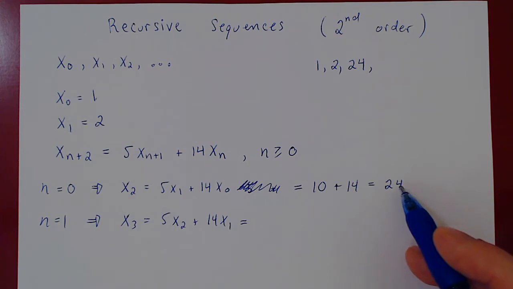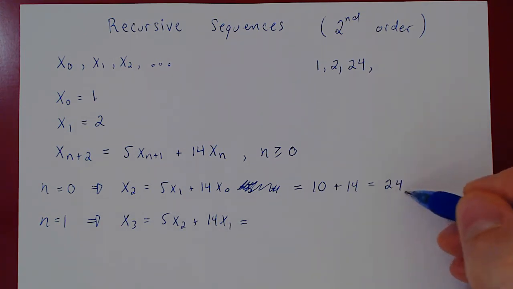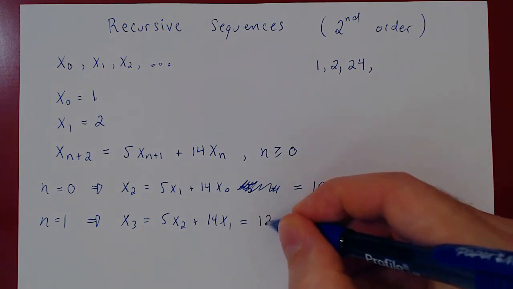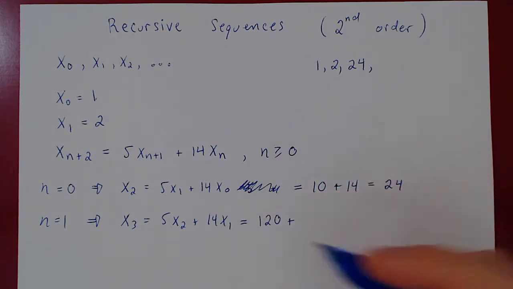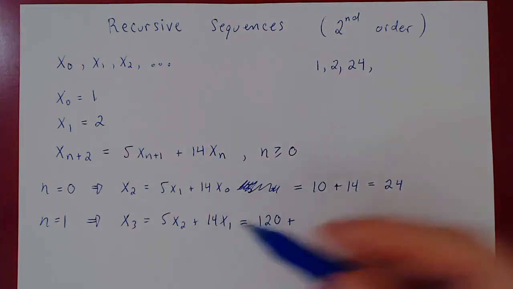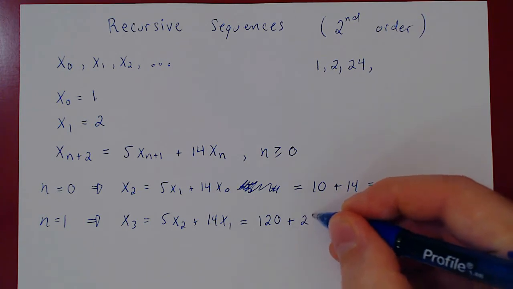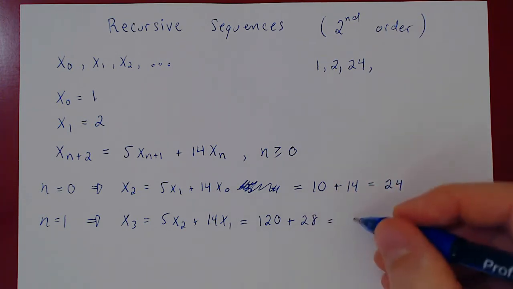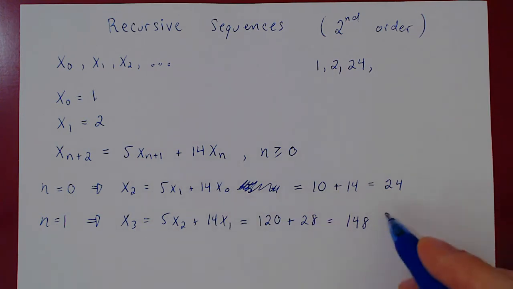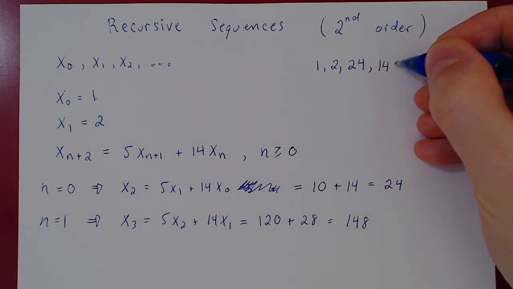It's 5 times 24. 5 times 20 is 100. 5 times 4 is 20, so that's 120. Plus 14 times x1, x1 is 2. 14 times 2 is 28. And what you have is now 148. And that is x3, the fourth term of your sequence.